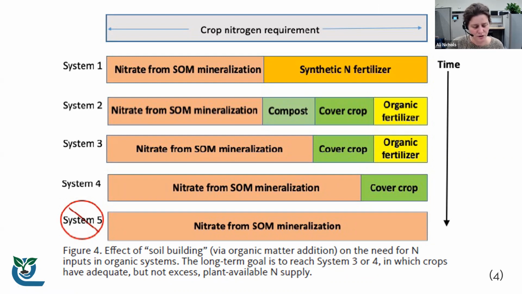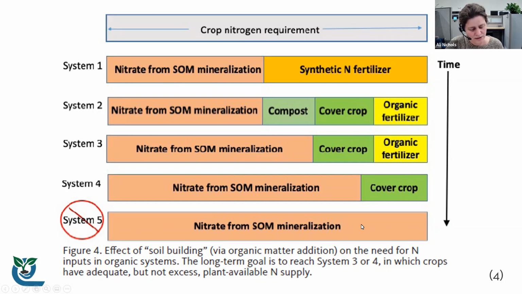So this figure shows a progression from a conventional system, say, where all of the crop nitrogen requirement is met with synthetic fertilizer, all the way to a system where you're not adding any additional amendments. You're just counting on the soil organic matter mineralizing and providing those nutrients for your crop.